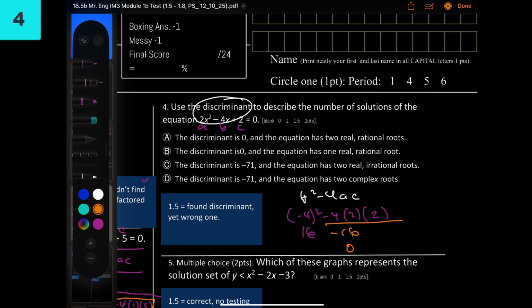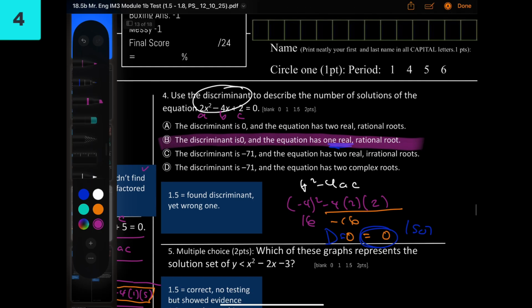So when it's equal to 0, the discriminant is 0, and when it's equal to 0, that means you only have one solution. So that would be this one right here. I gave you partial credit if you got A, or just maybe 1 point for the formula.